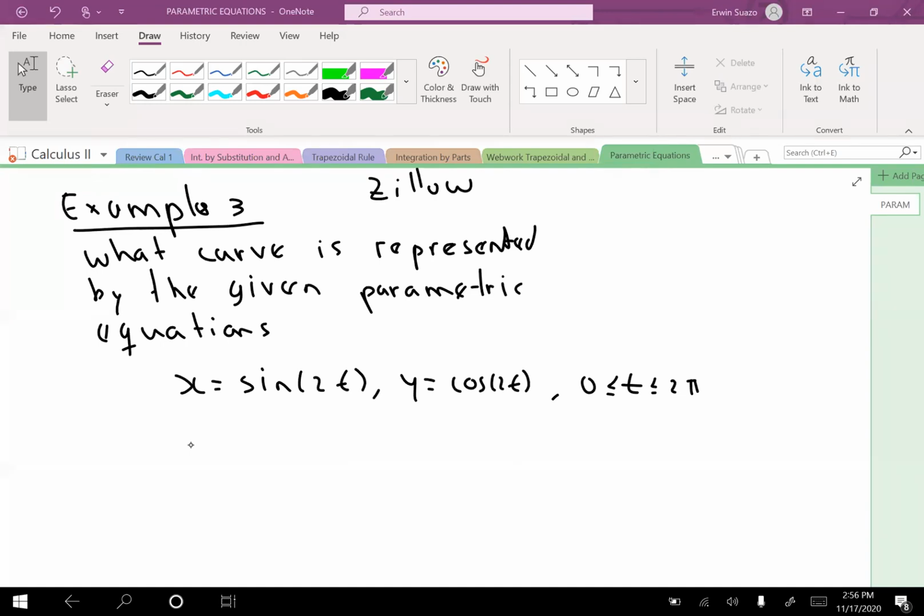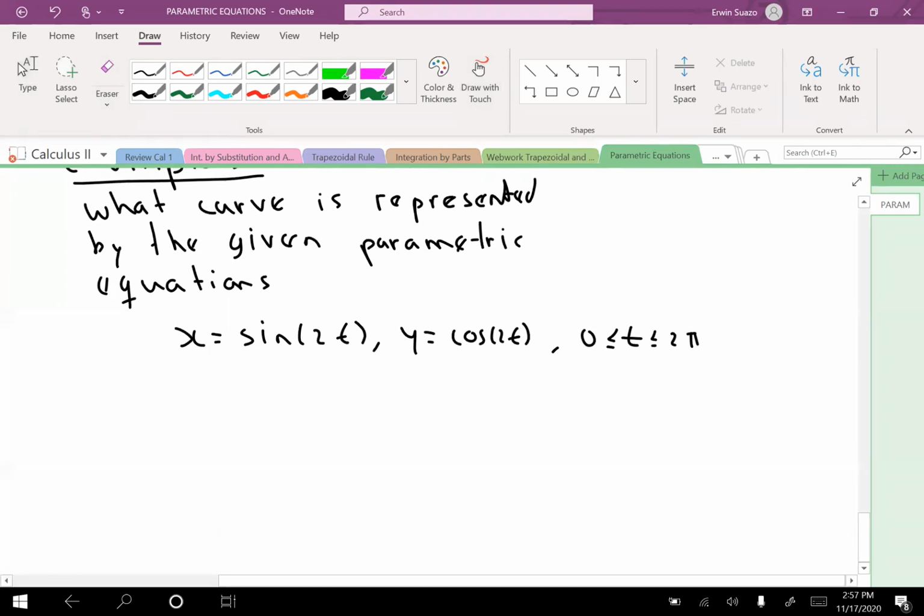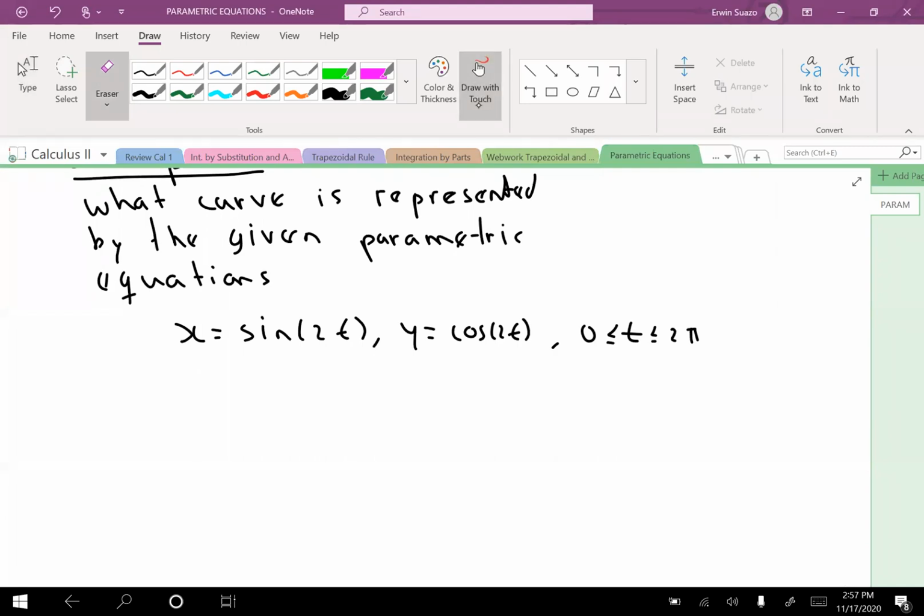Okay, guys. So what do you think? What is happening? What is different about this parametrization compared to the other one? First question, is it the same curve or a different curve? So let's do it.